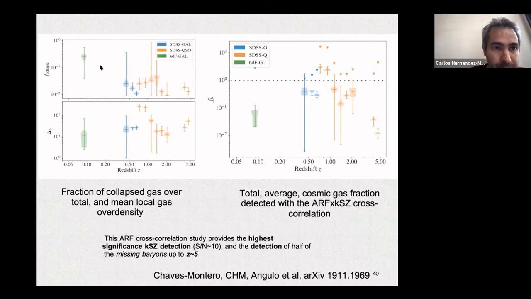This plot on the top left is showing the fraction. We measure an amount of kinetic Sunyaev-Zeldovich flux at every redshift, right? We have galaxies at low redshift, we have quasars at high redshift. These are the central redshifts on which we're applying this tomography, on which we're computing our angular redshift fluctuation maps, depending on whether we're using SDSS galaxies, 6dF galaxies for the nearby universe, or SDSS quasars at the very high redshift end.